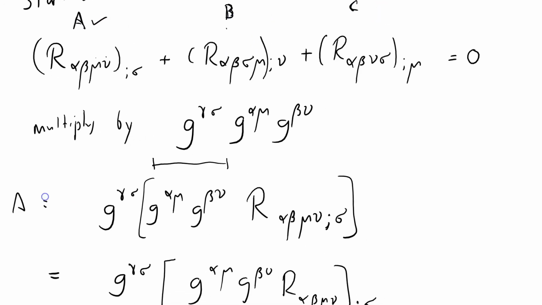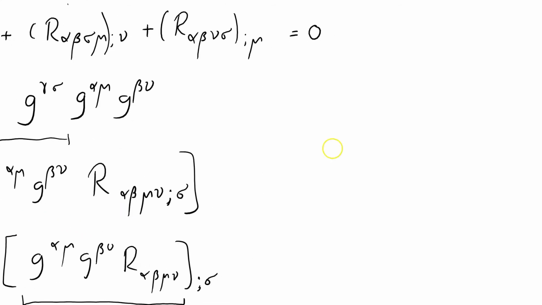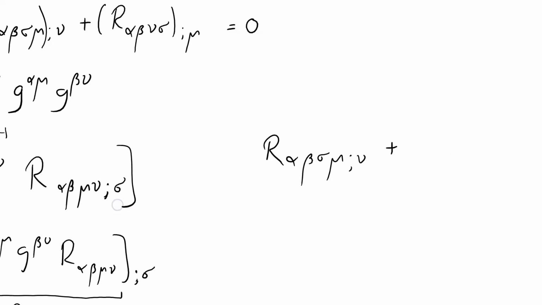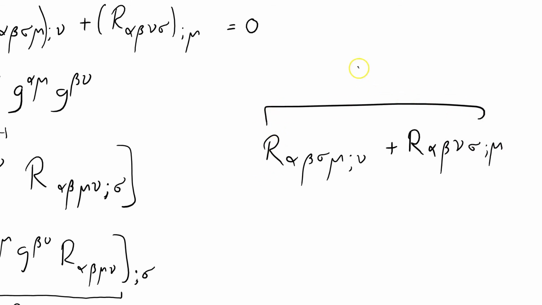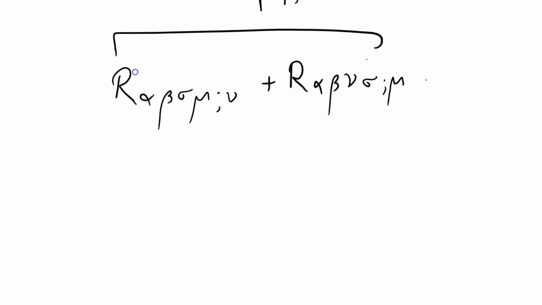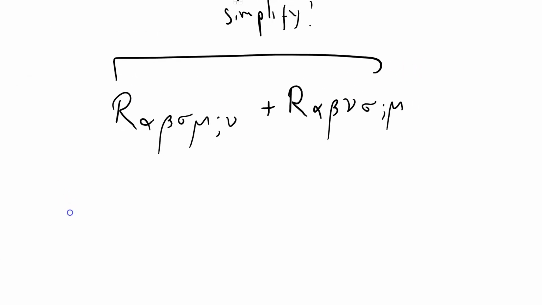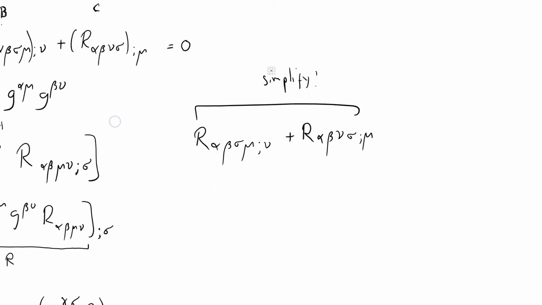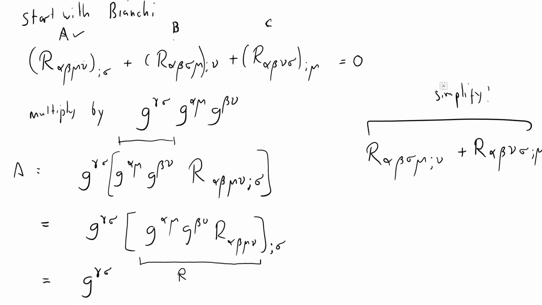So let's just write those down. It's R alpha beta, copying from here, sigma mu semicolon nu plus R alpha beta, which doesn't change, nu sigma semicolon mu. And I need to simplify this. Let's just have a look at that and see what we can make of that. Now, what else did I do?